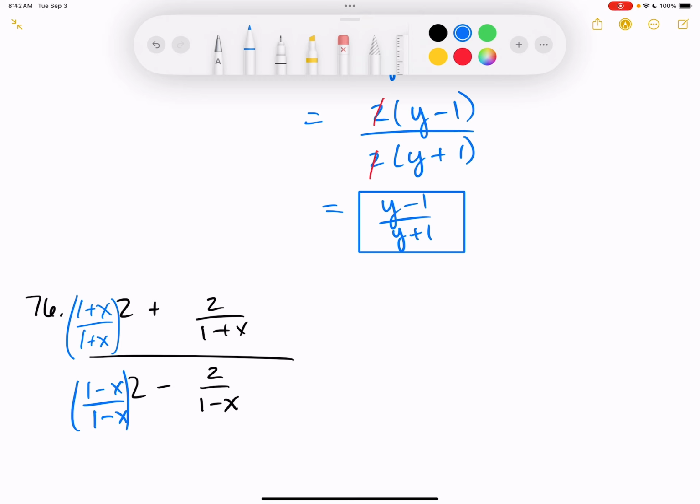When I do that, on top, the denominator of the top piece is going to be 1 plus x. Distributing this 2, it gives me 2 plus 2x.